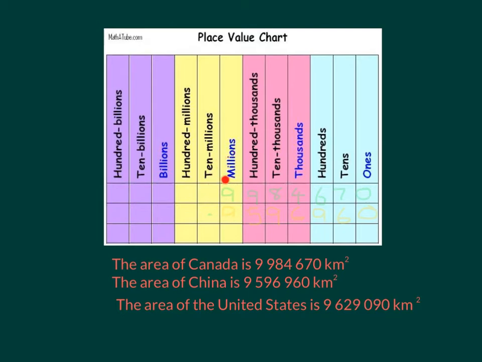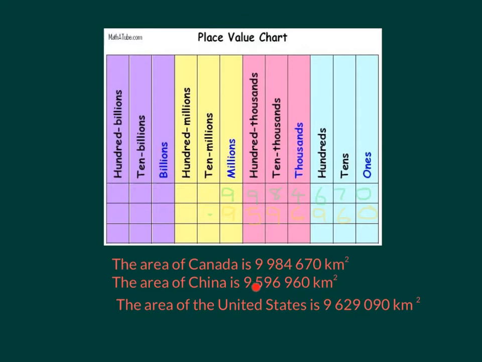So our million is the same. So we go to the next digit down. We say, okay, look at our 100,000s. In Canada, the area is 900,000, and in China, it's 500,000. Automatically, this tells me that China has a lesser area than Canada does. Canada is greater.